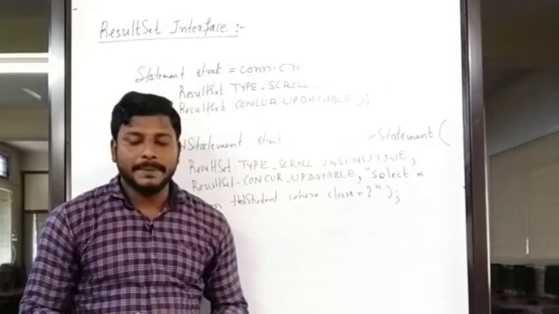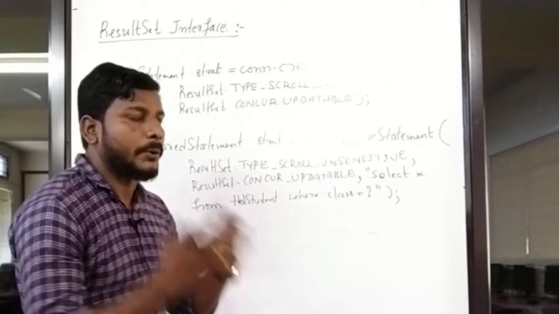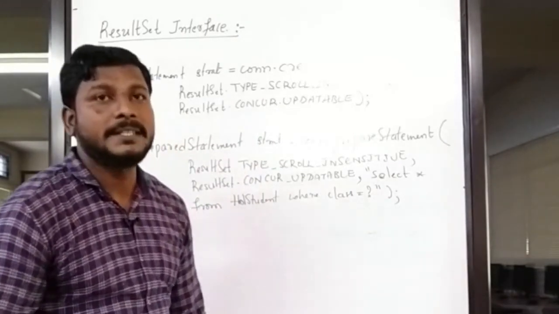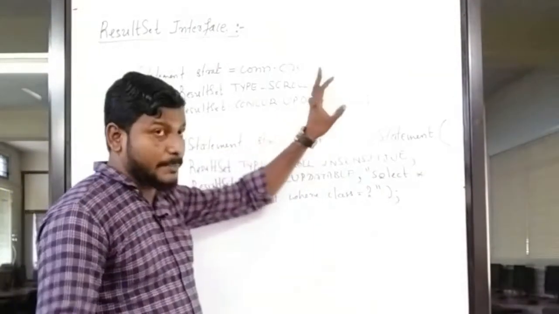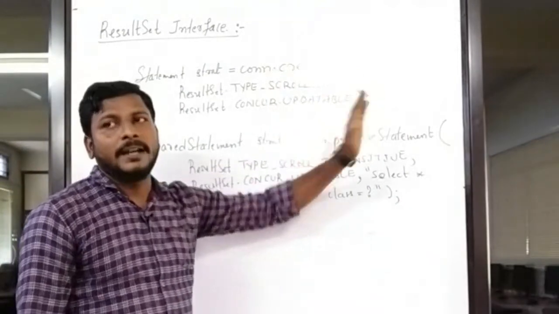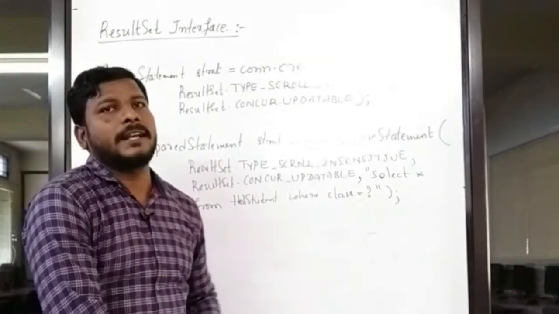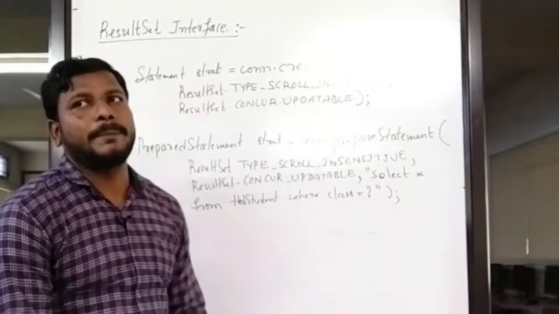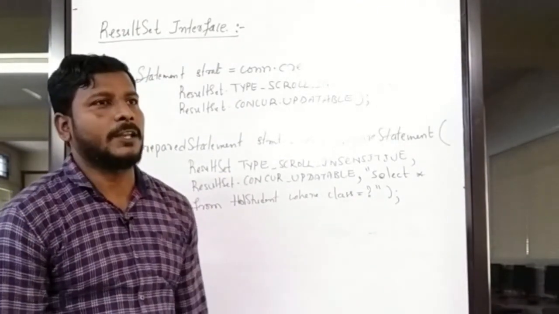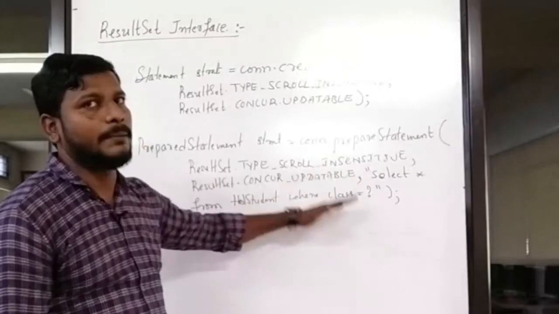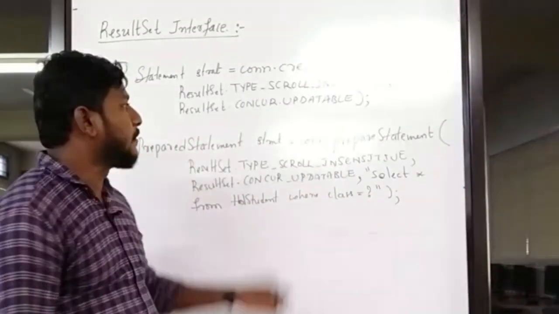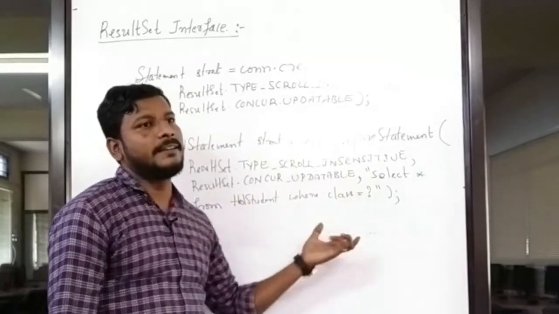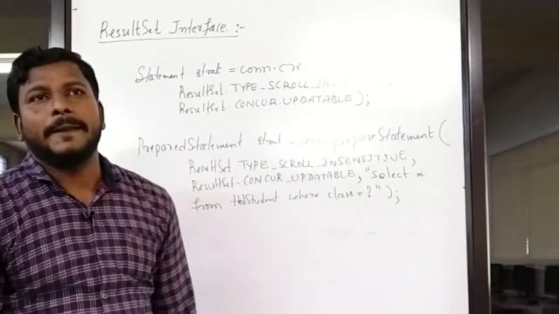Normally in prepare statement we pass a query in the prepareStatement method itself, but in a simple statement we are not passing a query; we pass it in either the executeUpdate or the executeQuery method. In prepare statement we are not passing anything in executeUpdate or executeQuery, but specifying it at the beginning itself. So the first two arguments are the same here, but prepareStatement should add the third argument as the query.